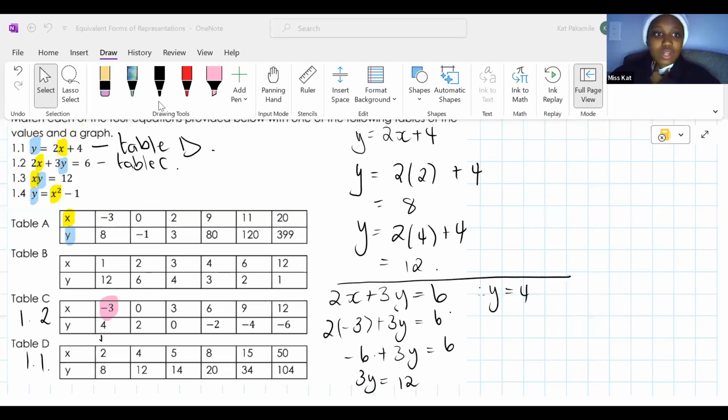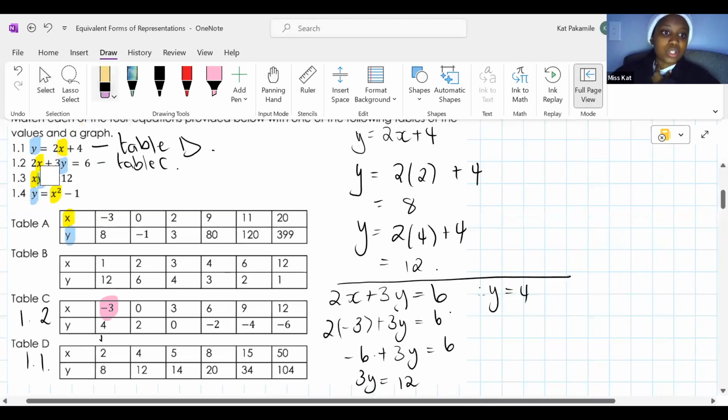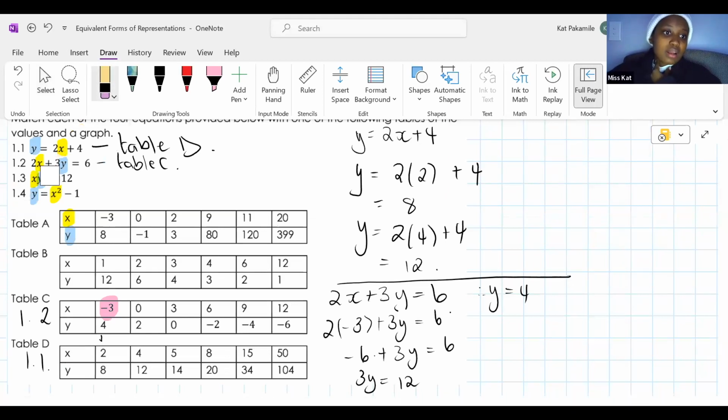We've already matched equations 1.1 and 1.2. Now we are on 1.3. The equation for 1.3 says xy is equal to 12. So you have to substitute x, see if you get the correct y, and then match the table.